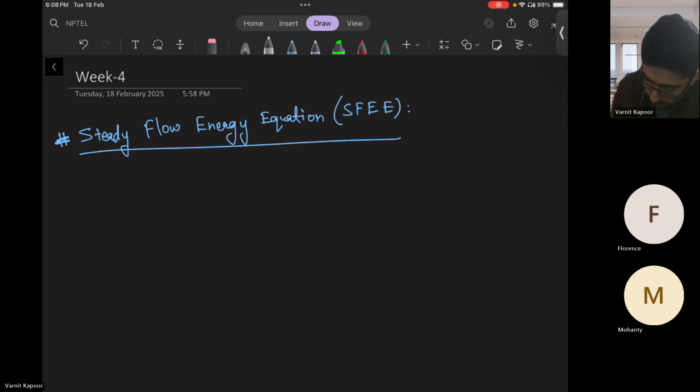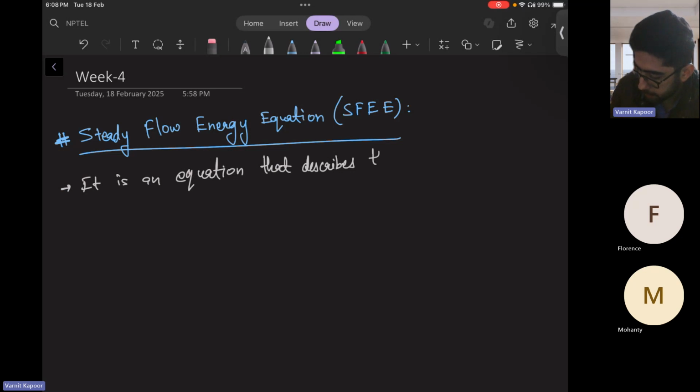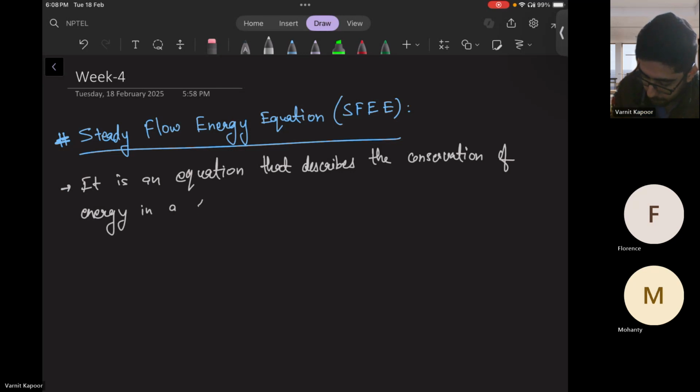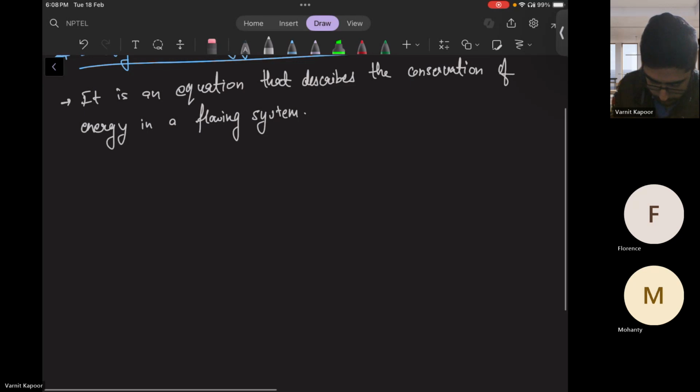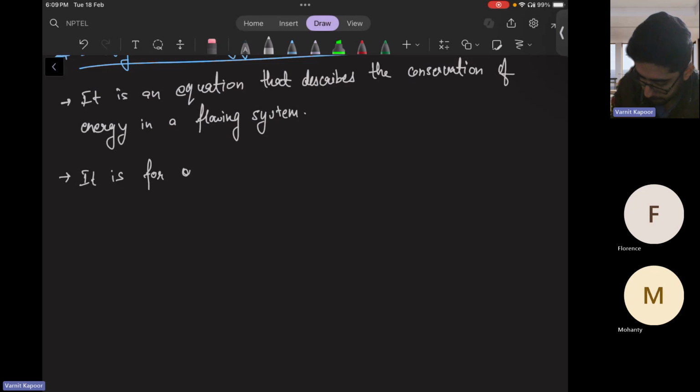So let me write. It is an equation that describes the conservation of energy in a flowing system. It is for open system.